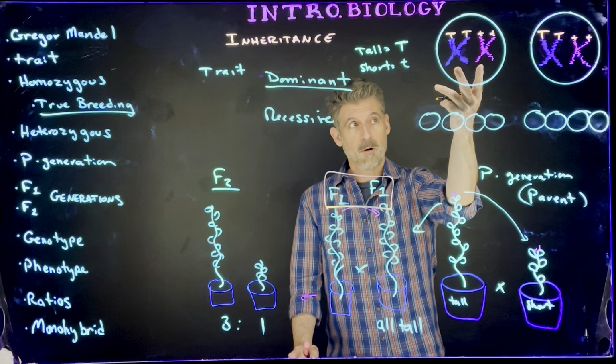And I'm going to say this parent here. Even though I have 4 cells as the result of meiosis, how many possible different traits can they give? Well, they could give the dominant one for tall, the dominant one for tall, the recessive one for short, the recessive one for short.